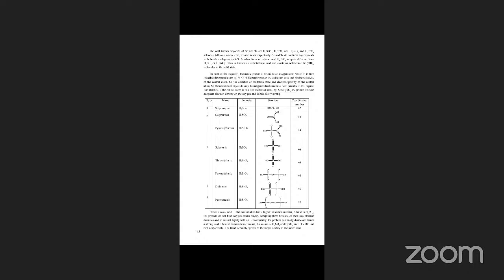Some generalizations are possible. For instance, for the central atom in a low oxidation state, for example in H2SO4, you know that H2SO4. So central atom in low oxidation state, sulfur in H2SO4. The proton finds additive electron density on the oxygen. Okay, fairly strong. This paragraph I will explain tomorrow. Okay?